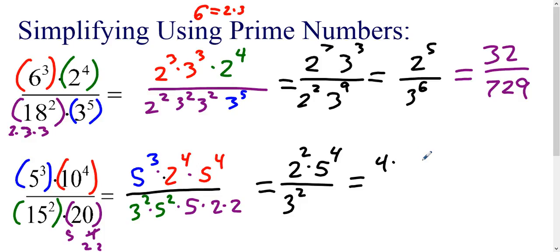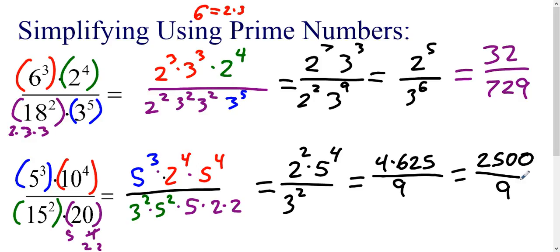So that's 4 times 625 over 9. 625 times 4 is 2,500 divided by 9.